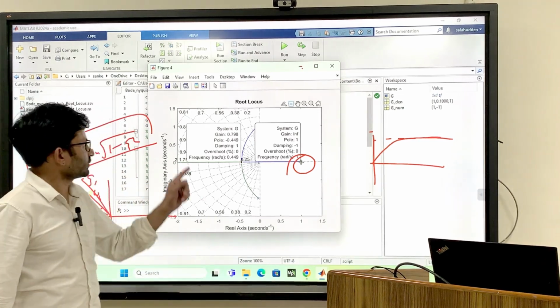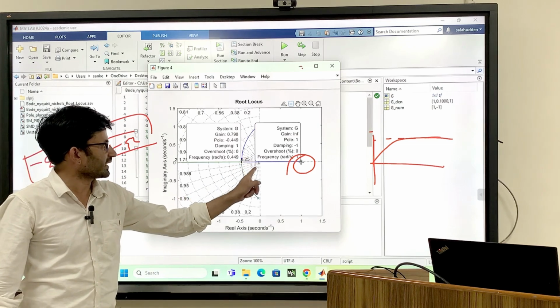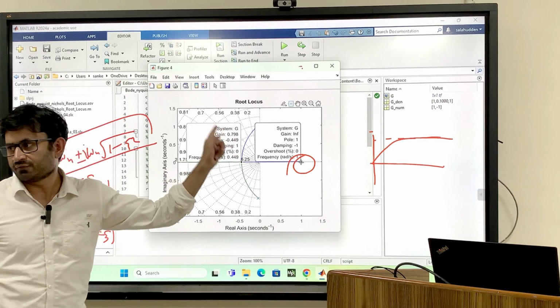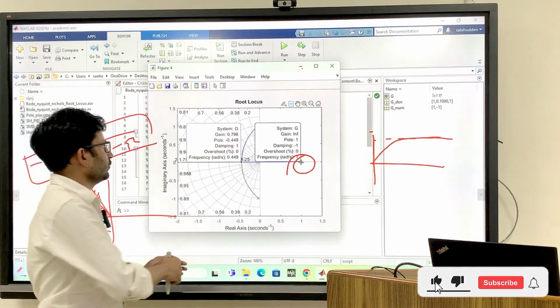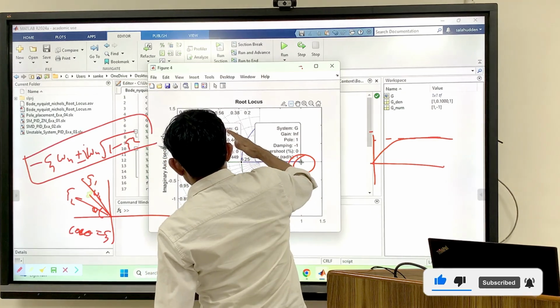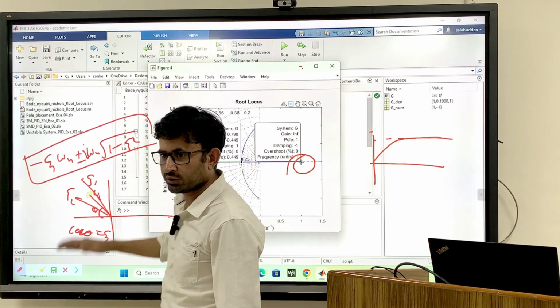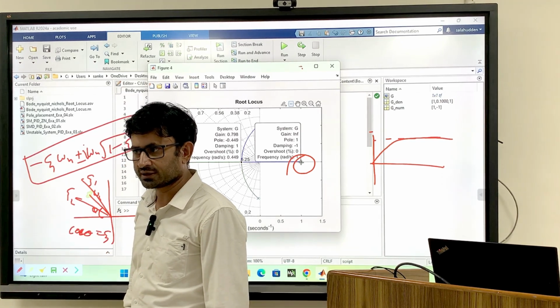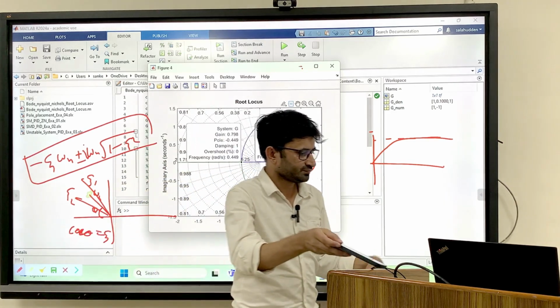Okay, so that is why in root locus, in MATLAB also, you can see each line represents one kind of damping. When you move along this line, your frequency will change, but your damping remains the same. In the theory part also we have seen the same, right?